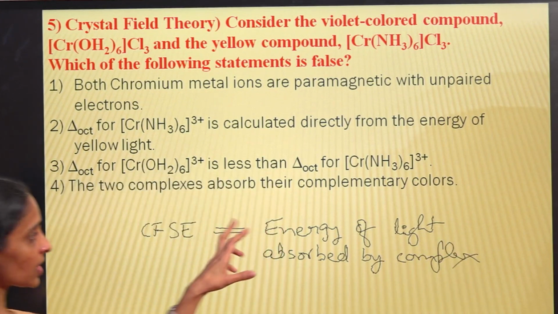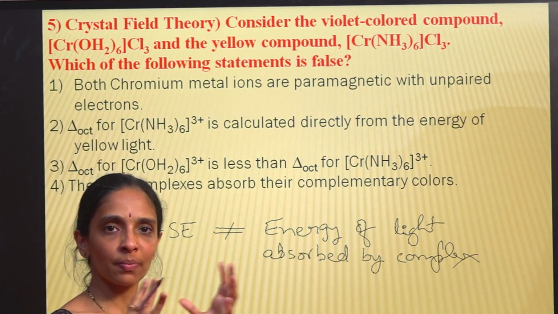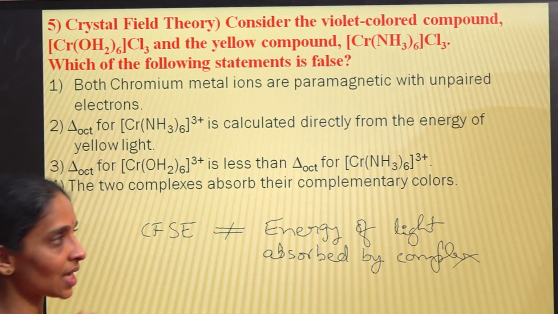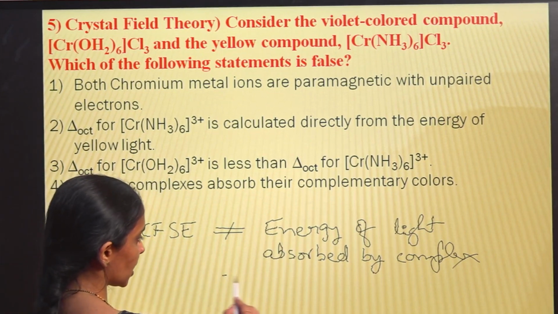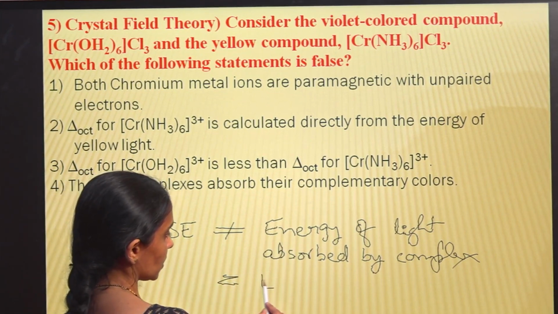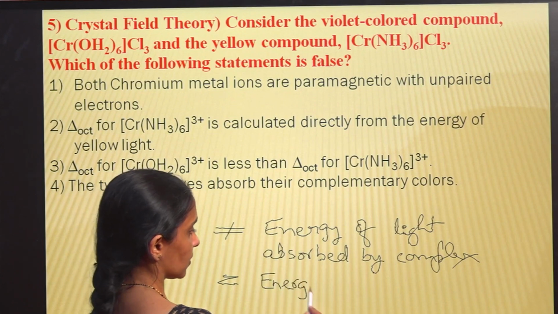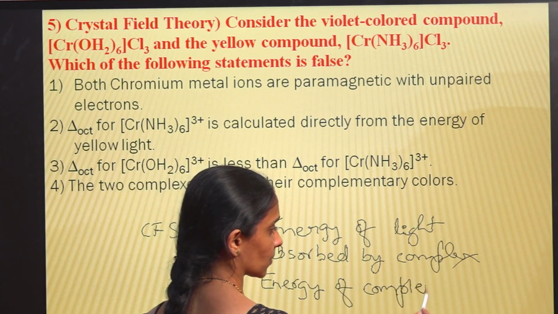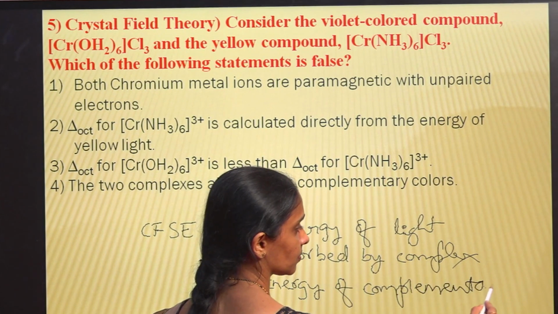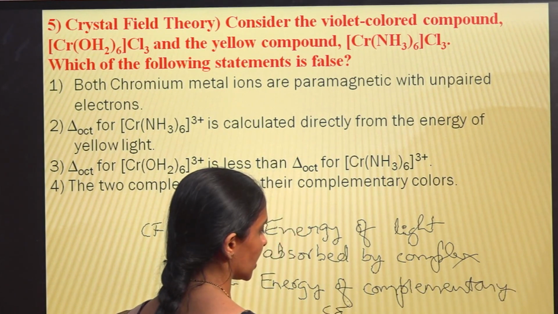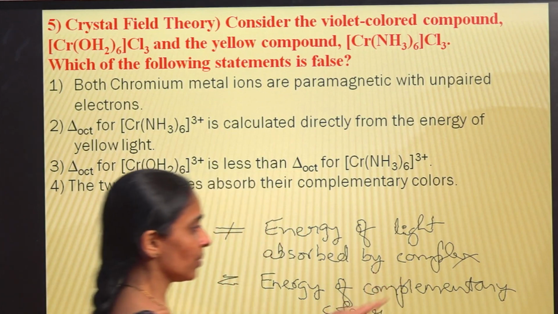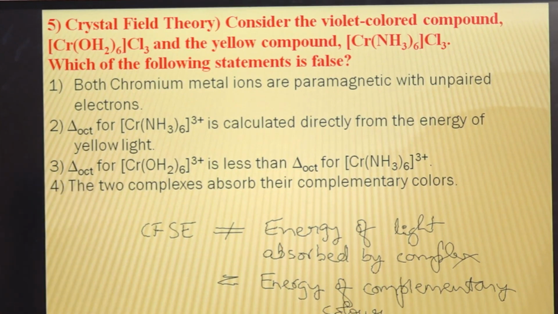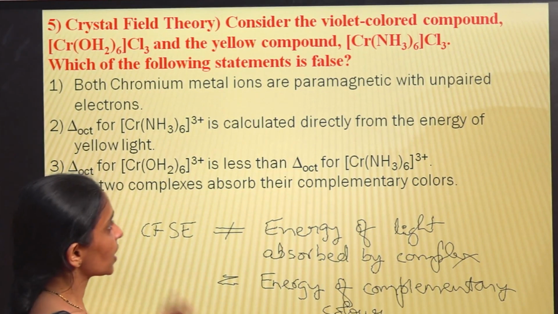CFSE is not actually the energy of light absorbed by the complex while its electron does the transition. Instead, it is equal to the energy of the complementary color, the color which is complementary to the absorbed light color.